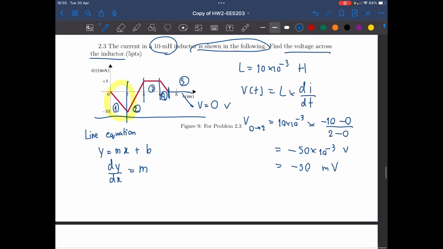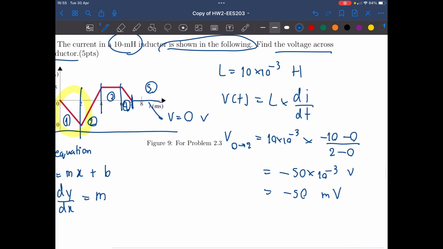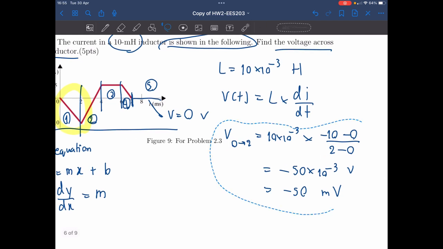Alright, seems like this answer is a bit too big. Let's resize this part as well.